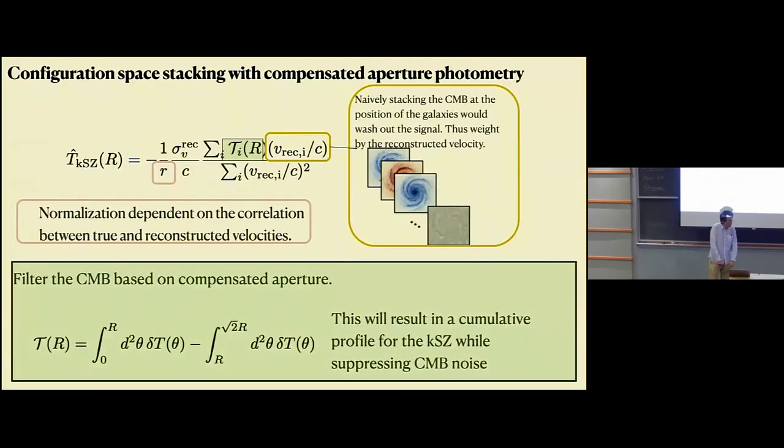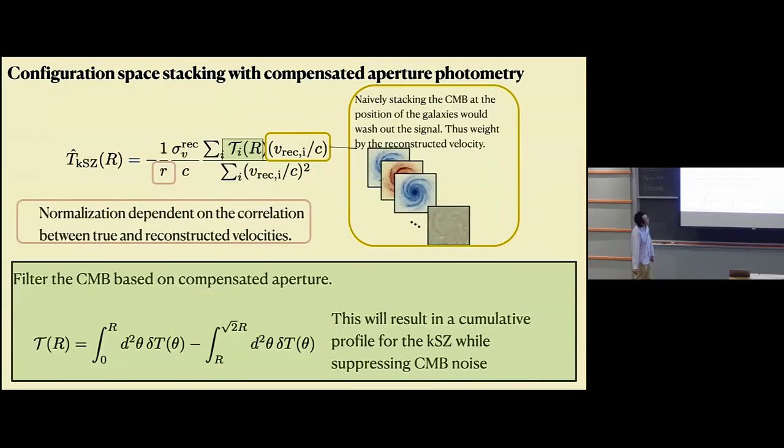So how do we do the measurement? I think Lourdes already gave an overview. First, this is the kSZ estimator, where essentially we weight the cutouts of the map at the positions of the galaxies by their velocity. Otherwise, it's naive stacking, and without velocity weighting it will give you zero, because by symmetry there's an equal number of objects moving towards and away from us.